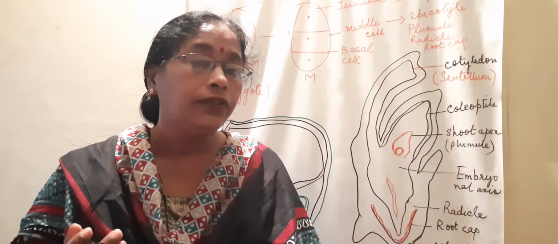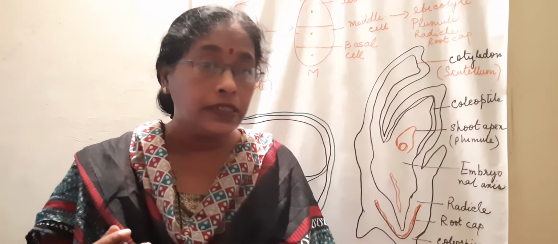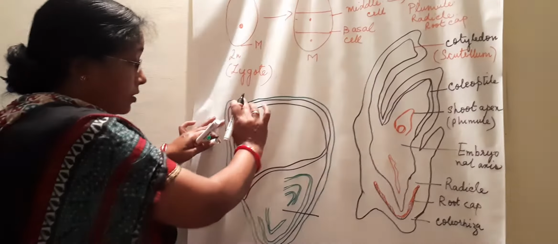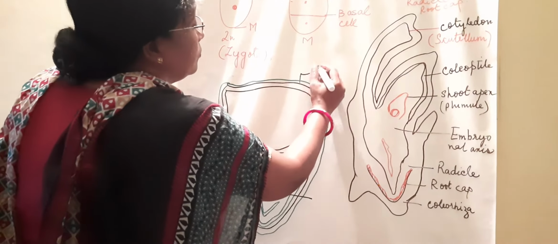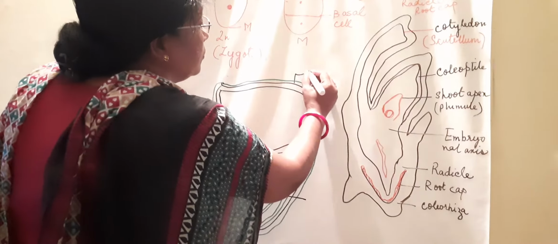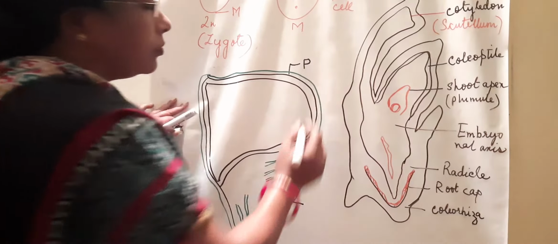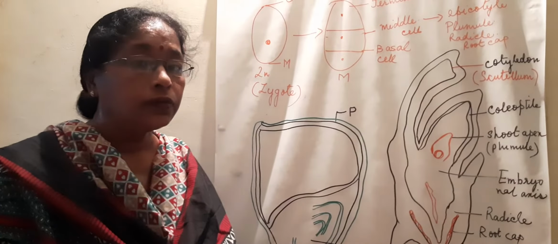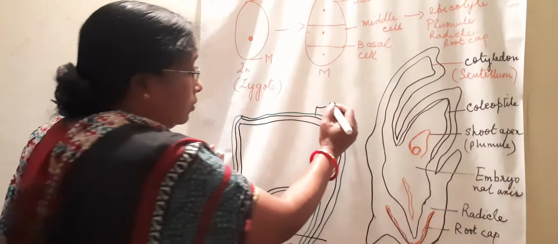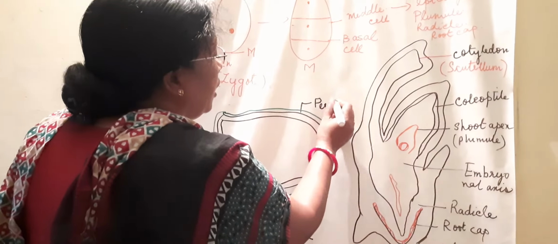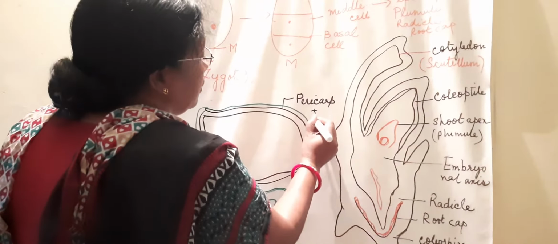Now we take the diagram of a maize seed. Maize is a monocot seed. The outer covering is the pericarp plus seed coat.